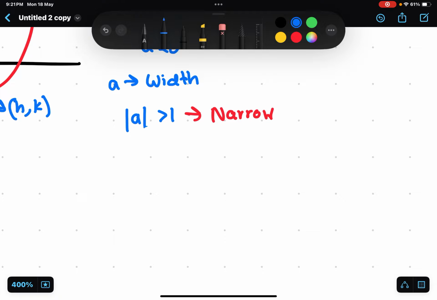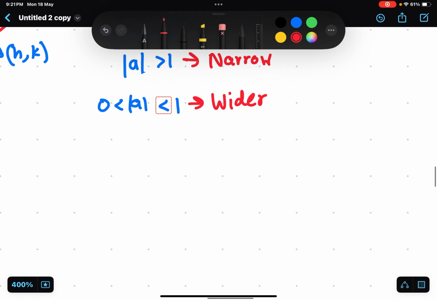Now, if the absolute value of a is less than 1 and greater than 0, between 0 and 1, then that means it's going to be wider.